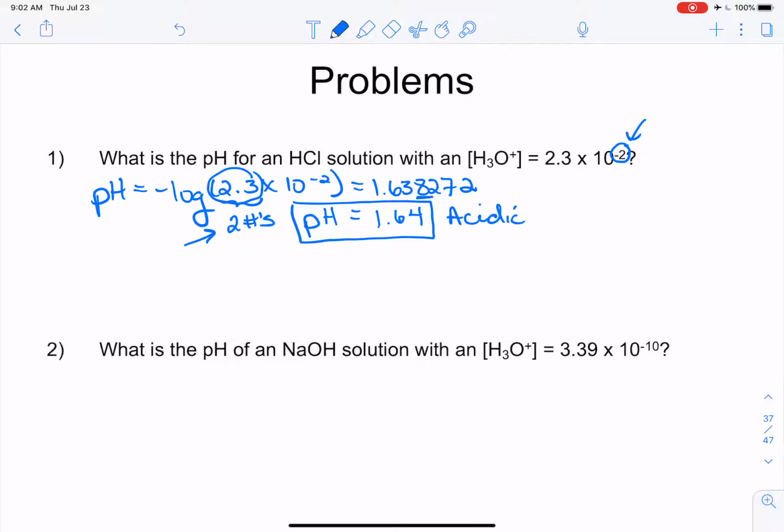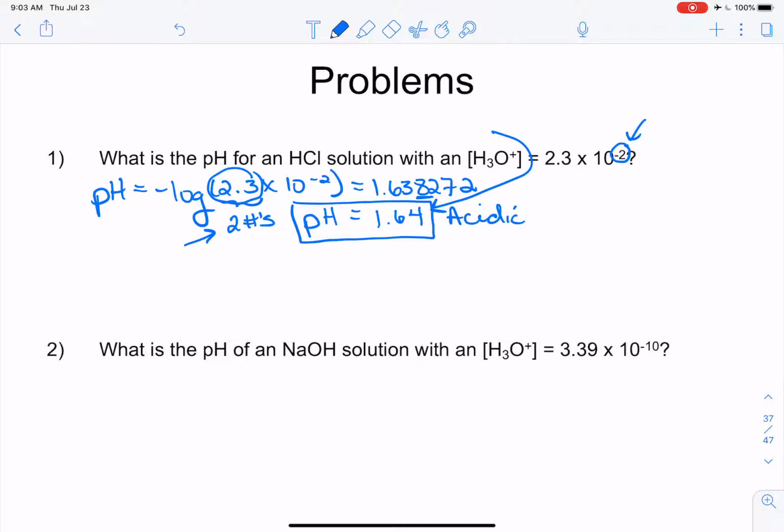So if you just take a look at the whole number there, just 2, and ignore the negative, that's going to give you a clue to what the pH should be about, okay, approximately. So if you look up there, you could go, okay, well, the pH is going to be approximately 2, usually a little bit less than that, and we can see that it is a little less than 2 there.